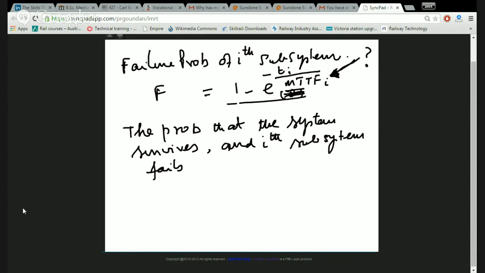How do we do that? What is the probability that the system survives and the ith subsystem fails?